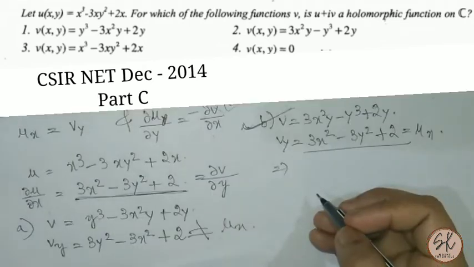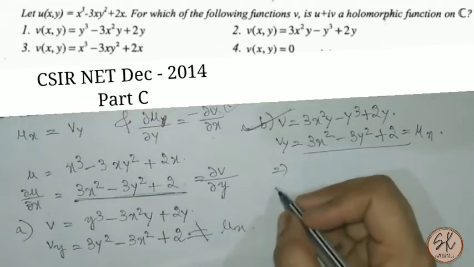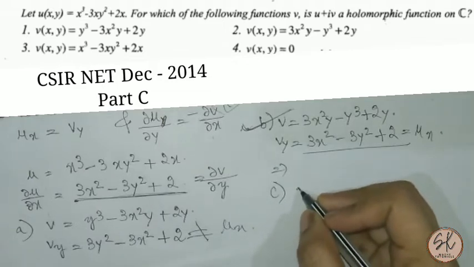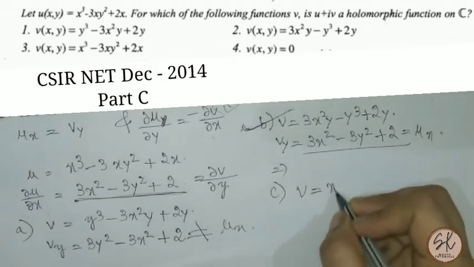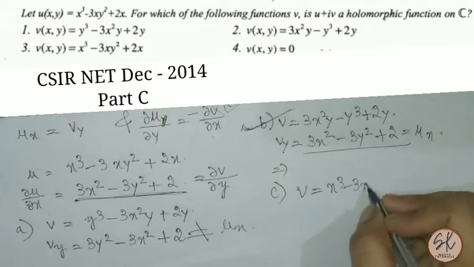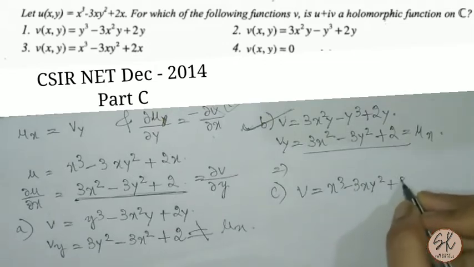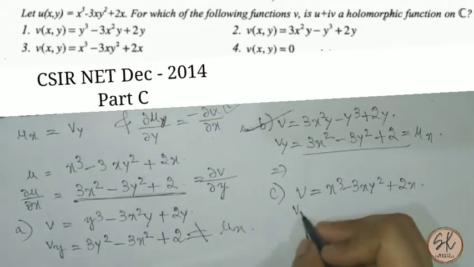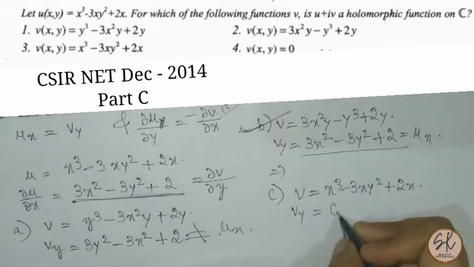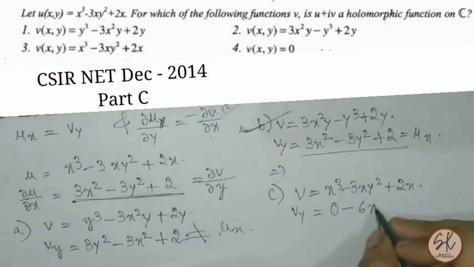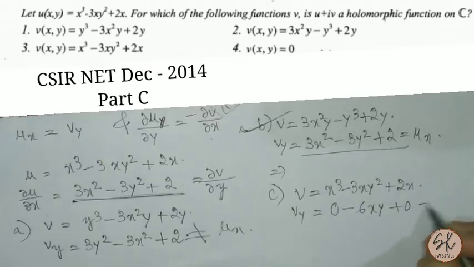Let us check option C also. Here in C, v is equal to x cube minus 3xy square plus 2x. Here del v by del y is equal to 0 minus 6xy, and this is plus 0. Now this is not equal to del u by del x.